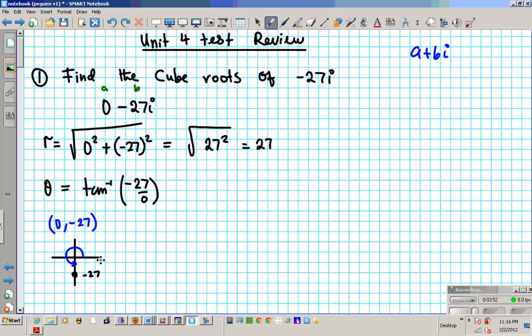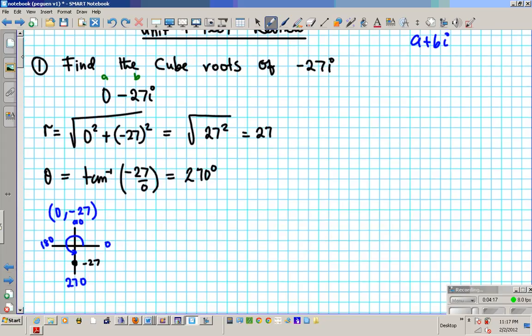How many degrees is that? This is 0, 90, 180, and that is 270 degrees. Guess what? Theta is 270 degrees, or 3 pi over 2. So if your calculator can't do it, whenever there's zeros involved, you can always use a graph to figure out what the angle is. Alright? So that gives us r and theta.